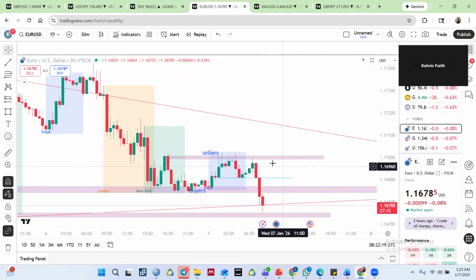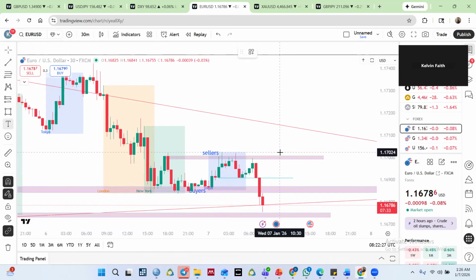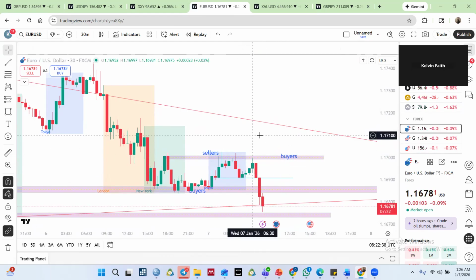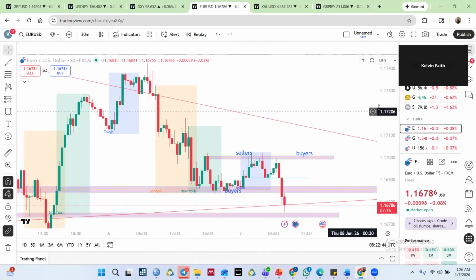I will buy Euro USD if it's able to come up and stay above these sellers. So let me put buyers here. If it's able to come up and stay above here, I'll go for buys above here.